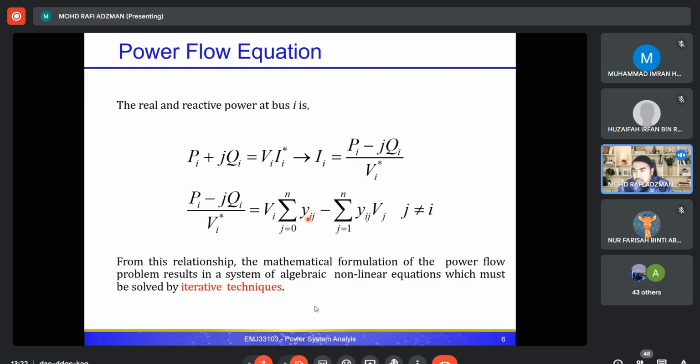If you have Y10, you have to include it. If you don't have it, you start with Y12 or Y13, because in the previous example we have two buses, bus 2 and bus 3, one connected to bus 2, one connected to bus 3. So you have Y12 and Y13. Okay.